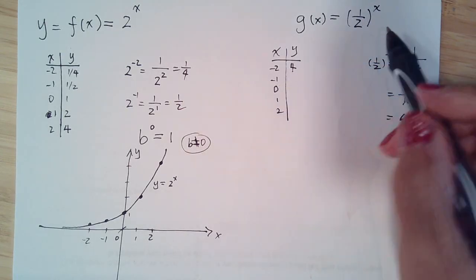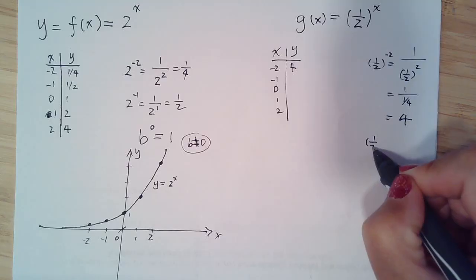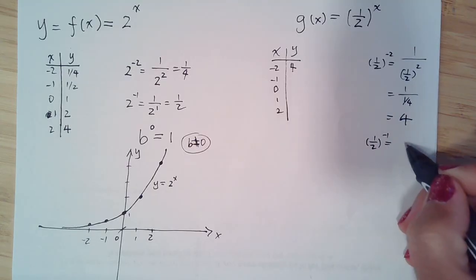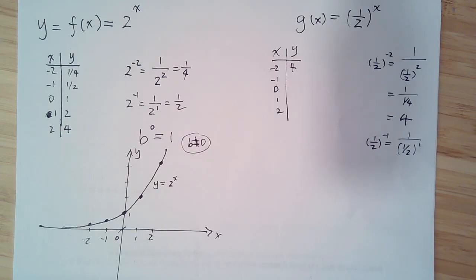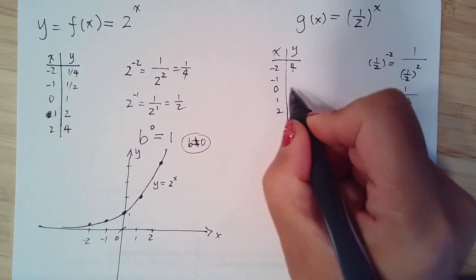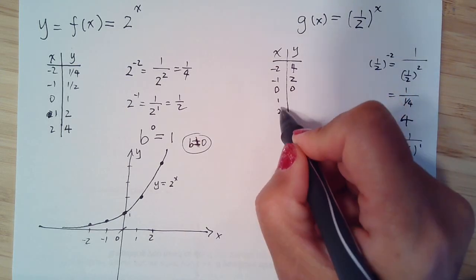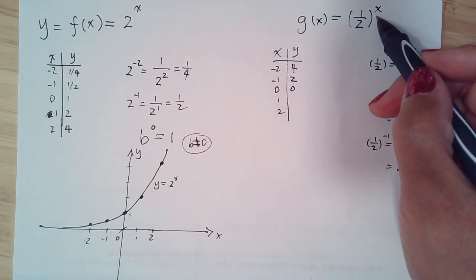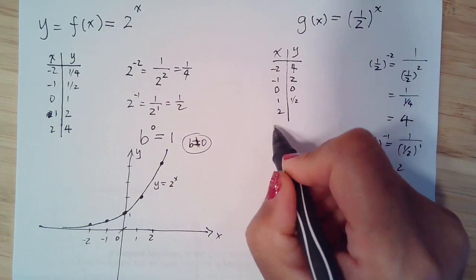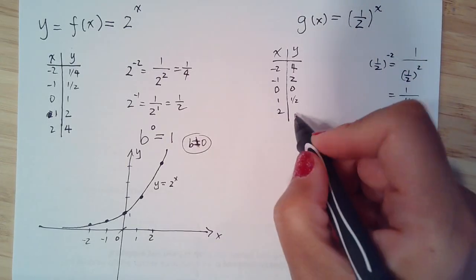And when x equals negative 1, 1/2 to the negative 1 is 1 over 1/2, which is 2. When x equals 0, the power is 0, so it's 1. When x equals 1, 1/2 to the first power is 1/2, and when x equals 2, 1/2 squared is 1/4.